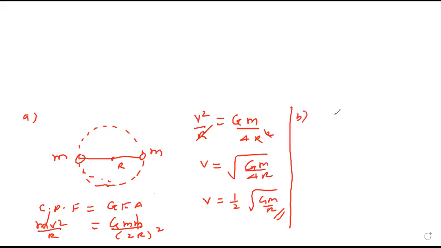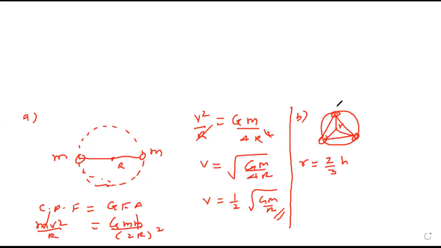Second, 3 equal masses performing circular motion in an orbit. Now the radius of the orbit will be 2/3 of the height.